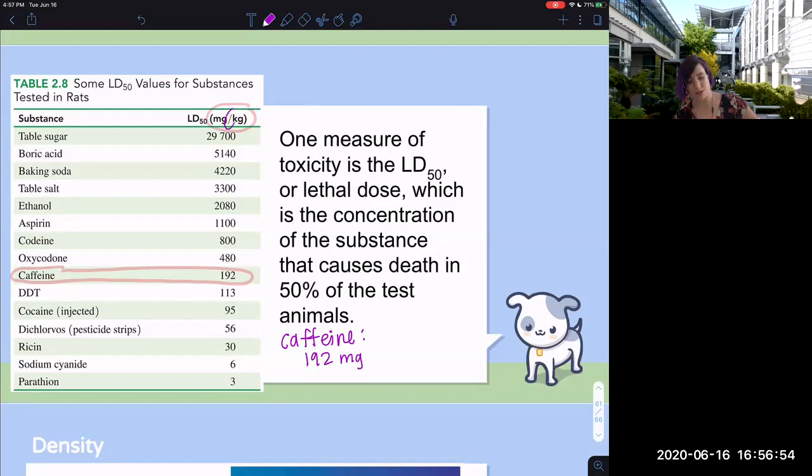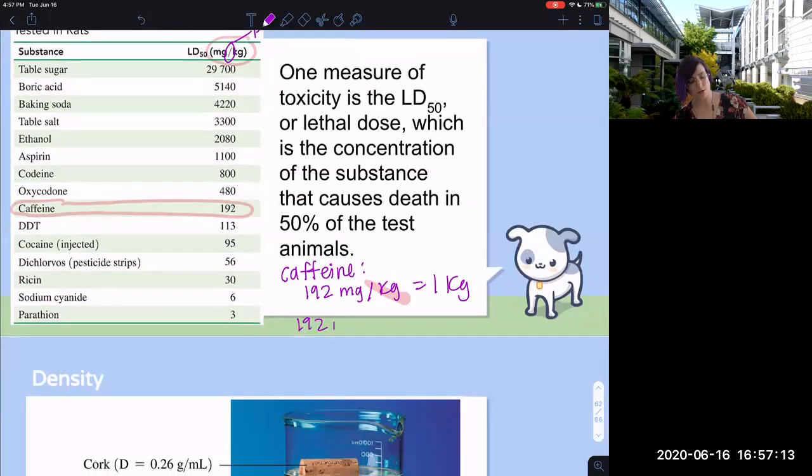Every time you see this per, that means conversion. Set it equal, so per kilogram. We're gonna kick this off and we're gonna say equal to 1 kilogram. So what is it gonna look like? 192 milligrams of caffeine is equal to 1 kilogram of body weight.